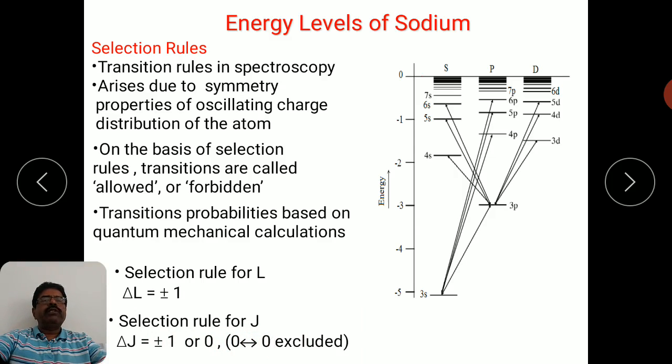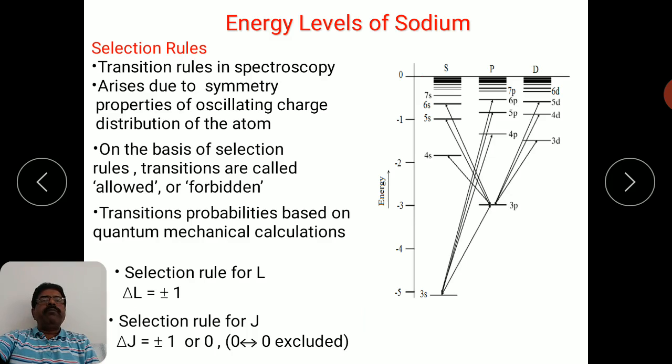Whatever the transition involved, from the excited state to any other state, here the ground state, the J value should not change other than plus or minus 1 or 0.